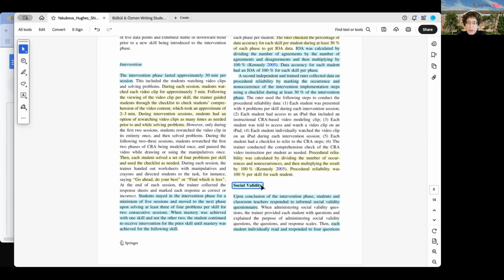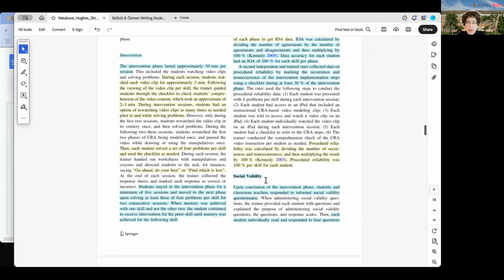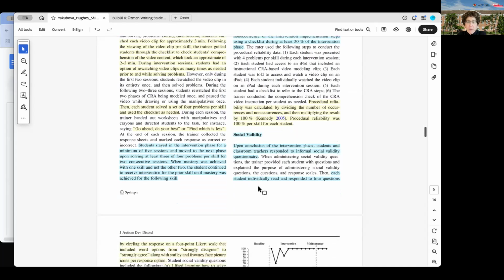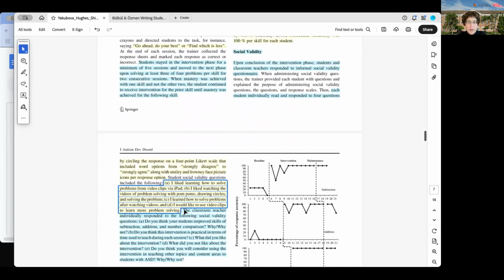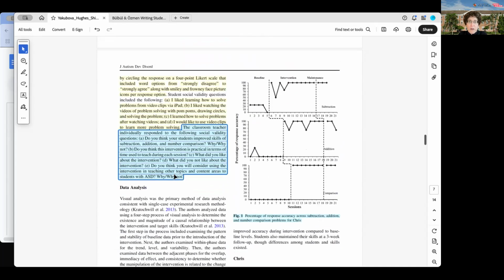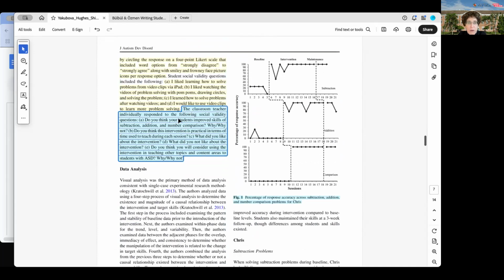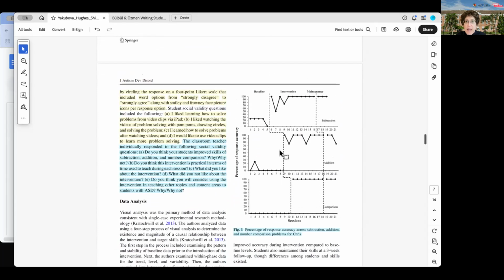So social validity is an important topic for Thursday, not really as much for tomorrow. So they talk about that, and then this is all stuff to go through. And these were questions in this part here about how they determined the social validity.